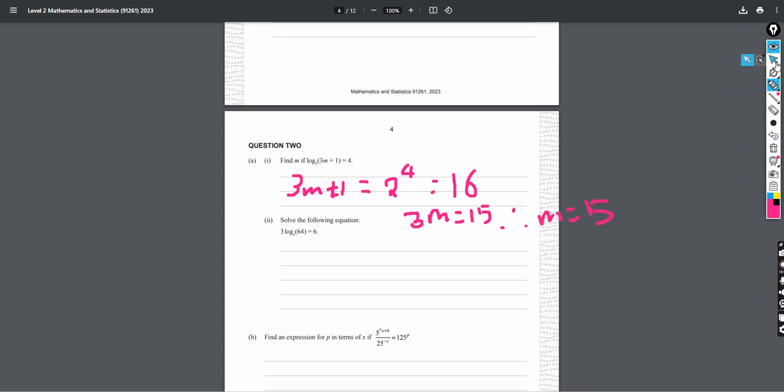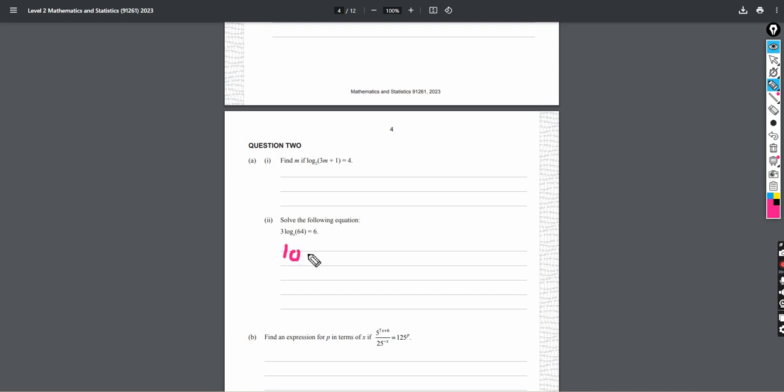Solve the following equation. log base x of 64 cubed is equal to 6. 64 cubed equals x to the power of 6.